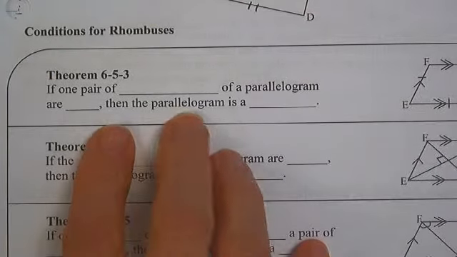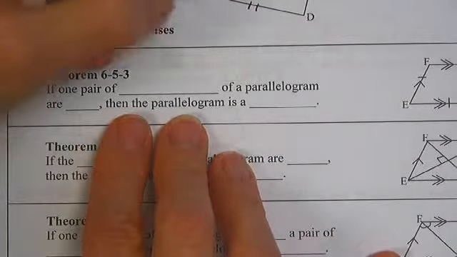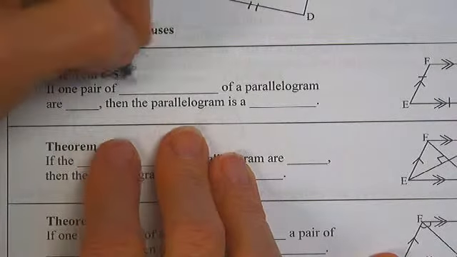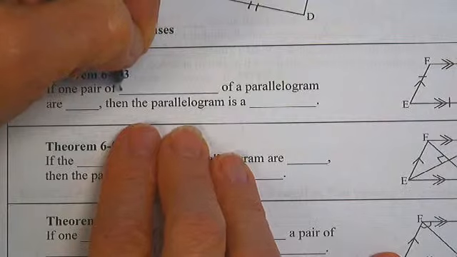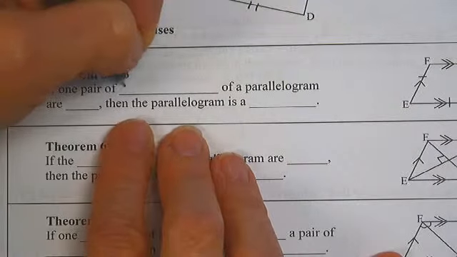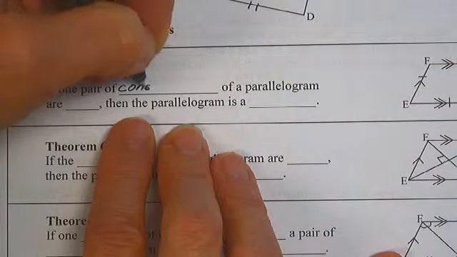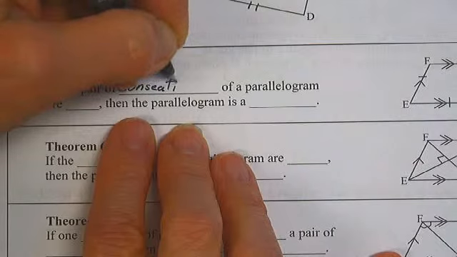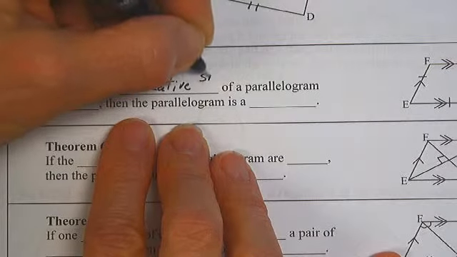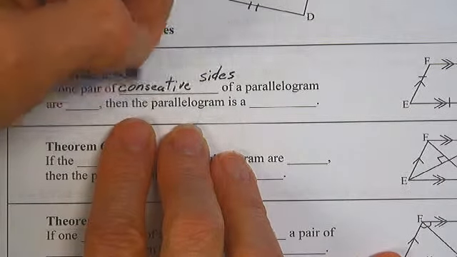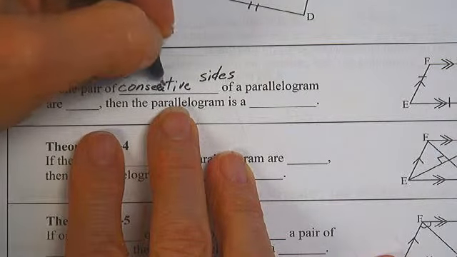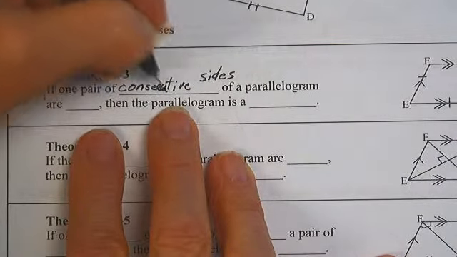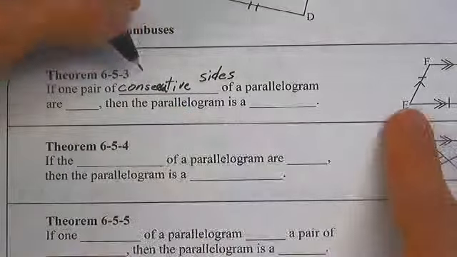Okay, if one pair of consecutive sides, hard to read my writing here, consecutive means one after the other.